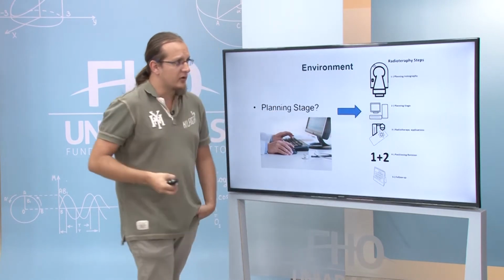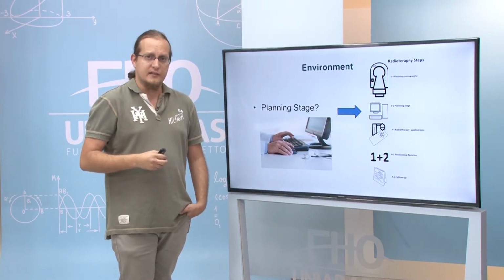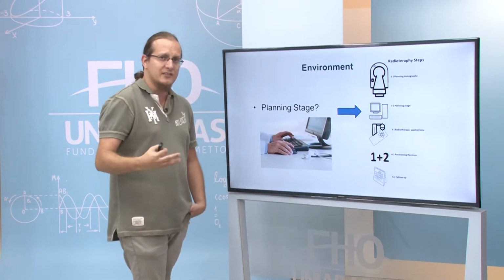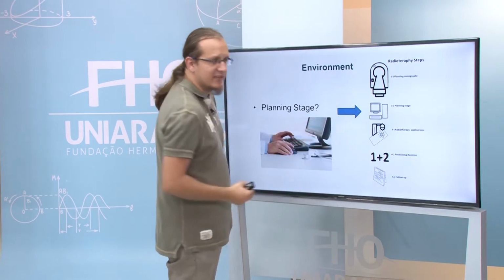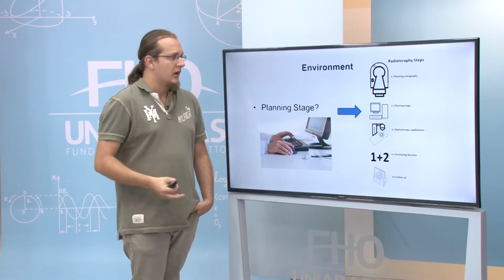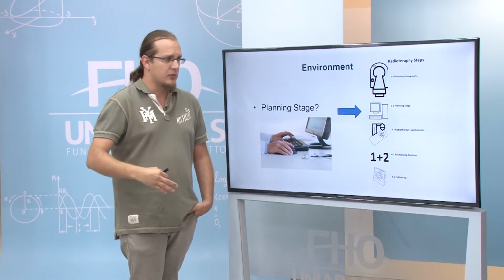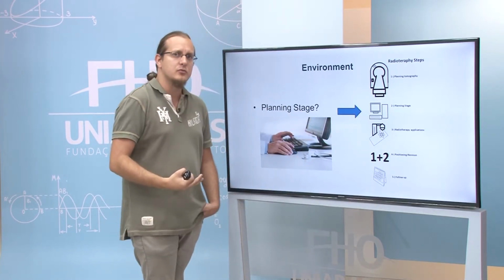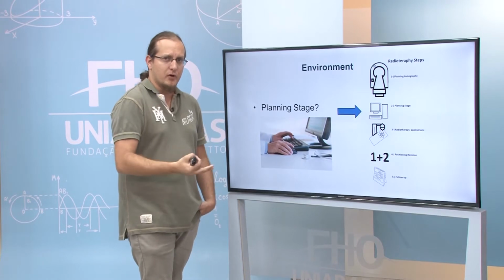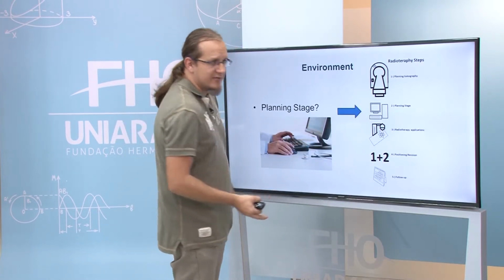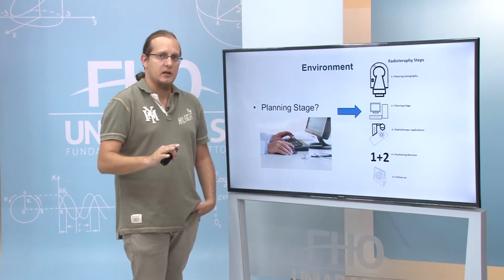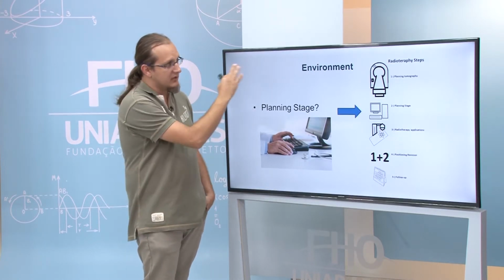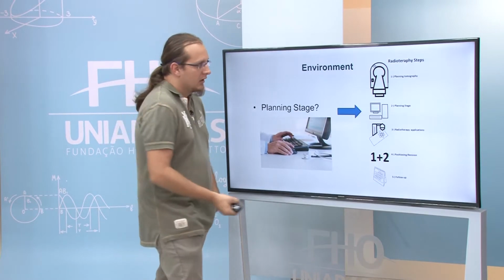After the tomography acquisition, they send these images as DICOM RT files to the planning stage. It's a high-end, robust workstation to process the images for the treatment. The planning stage is the main step of this environment.